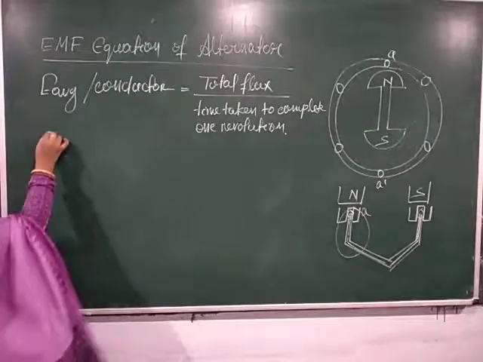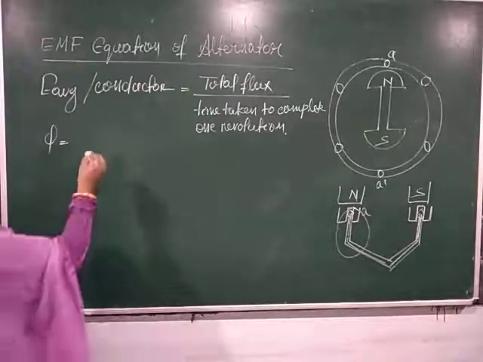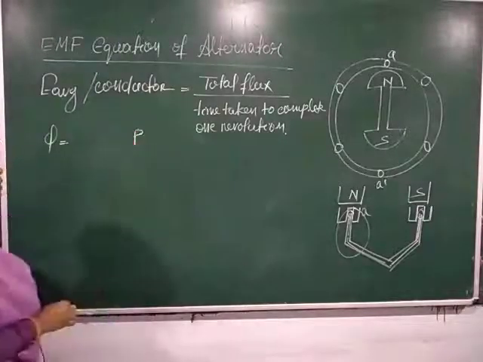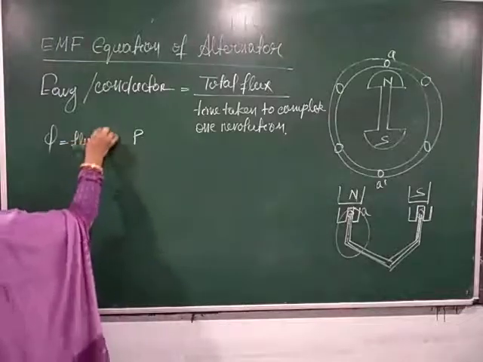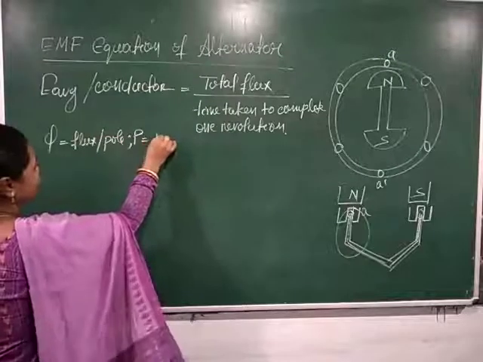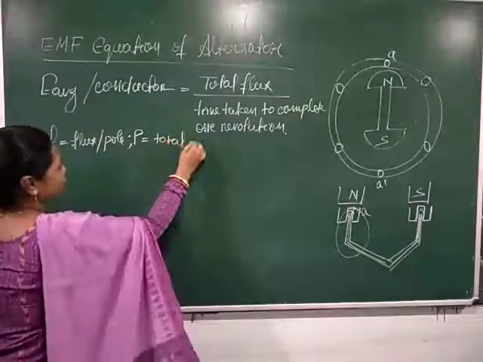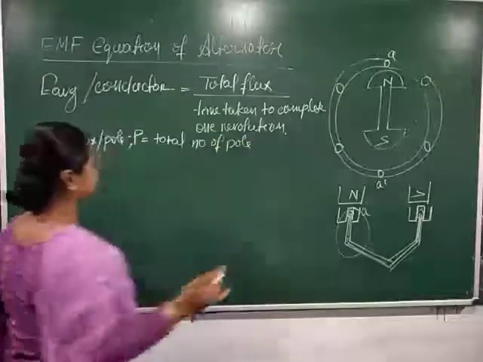Here Phi is the flux per pole in Weber and P is the total number of poles present in an alternator.